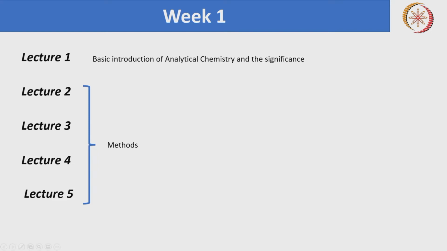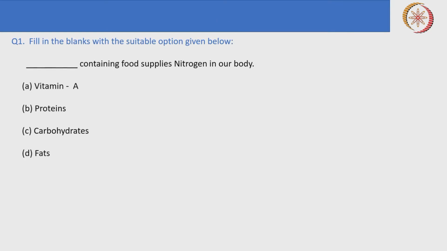In lecture one, the professor told about the significance of analytical chemistry, and in the other four lectures he taught about different types of methods and the importance of analytical chemistry. On that basis, I will discuss some questions related to these five videos.